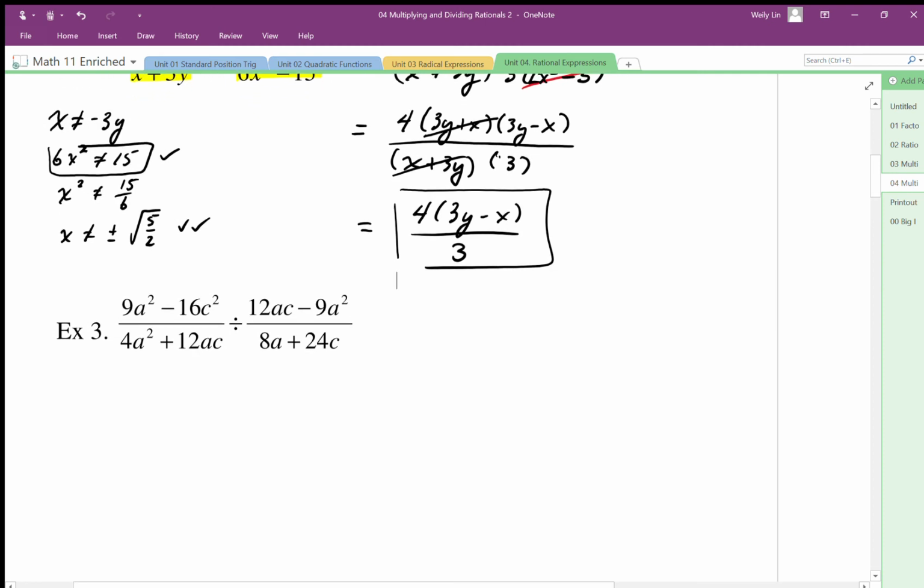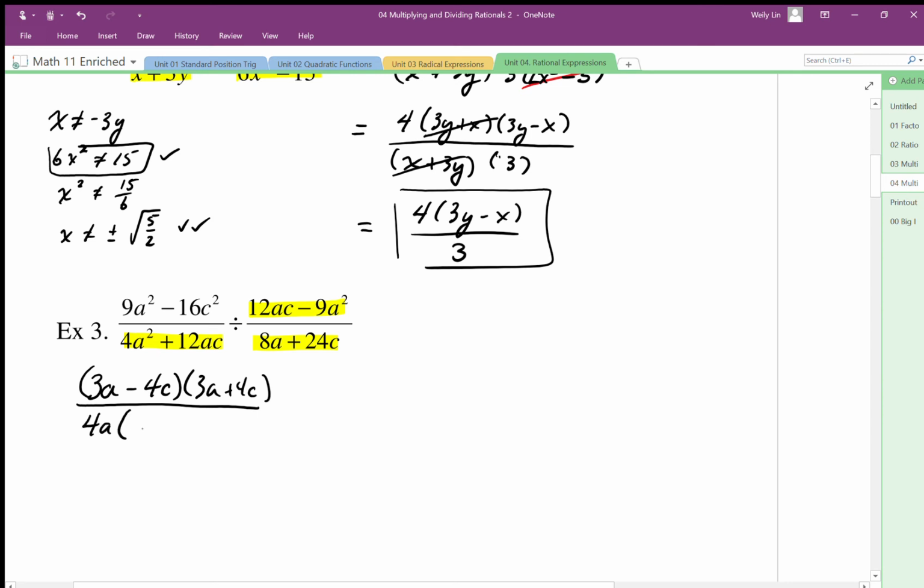So finally here we can get to this one. Again, identify the divide parts so that we can work out our restrictions. So here, this is a difference of squares. So I'm going to start factoring: 3a minus 4c, 3a plus 4c. Factor out the greatest common factor here, which is 4a.